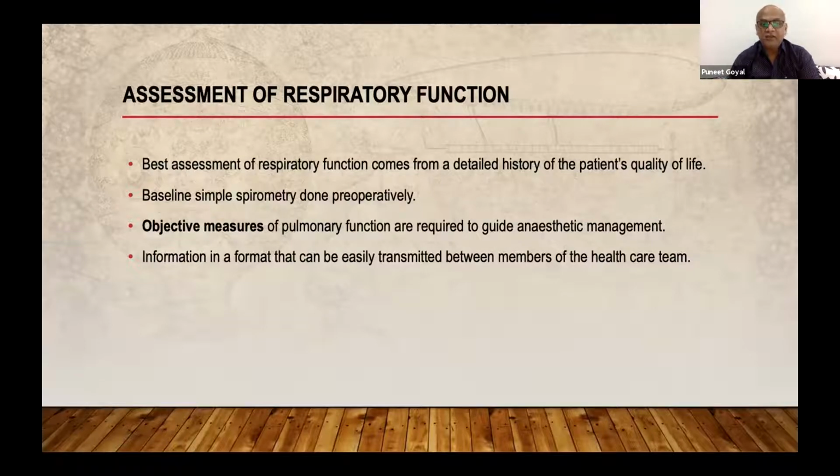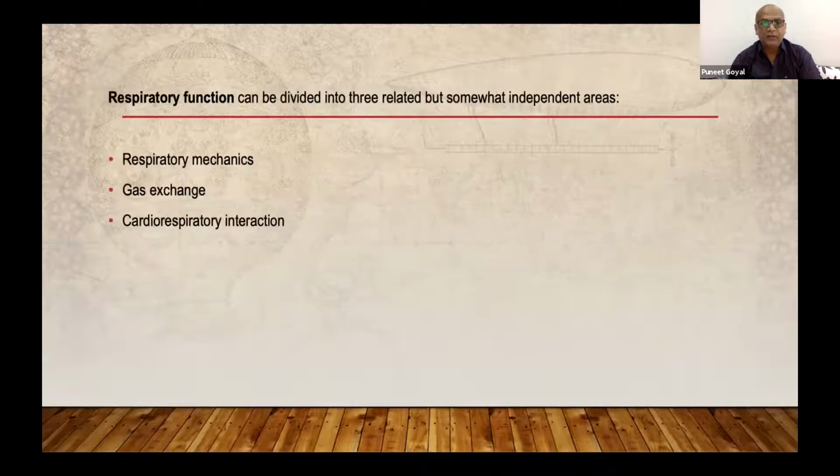That provides the information in a format which can be easily transmitted between the members of the healthcare team. So that is important. The respiratory functions can be divided into 3 related but independent areas: one is respiratory mechanics, second is gaseous exchange, and third is cardiorespiratory interactions.